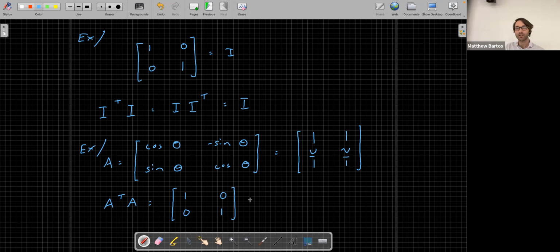Okay, so when you take A transpose A, you'll get inner product of U with U, inner product of V with V, inner product of U with V, and inner product of V with U, which gives you the identity matrix. Okay, so rotation matrices are unitary or orthogonal for any value of theta.